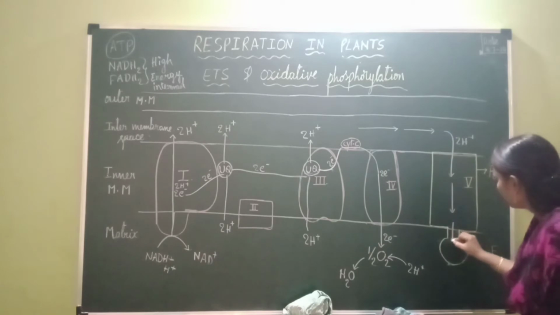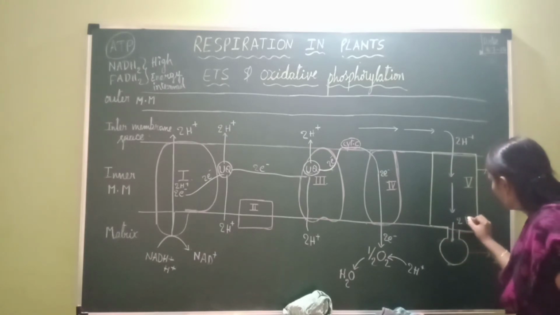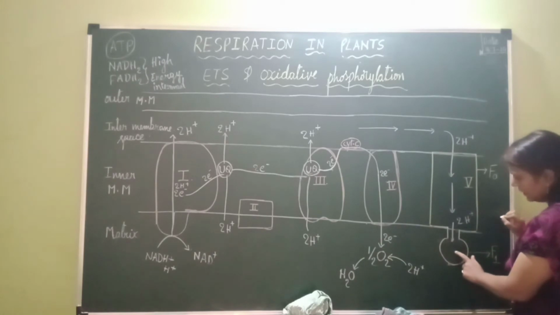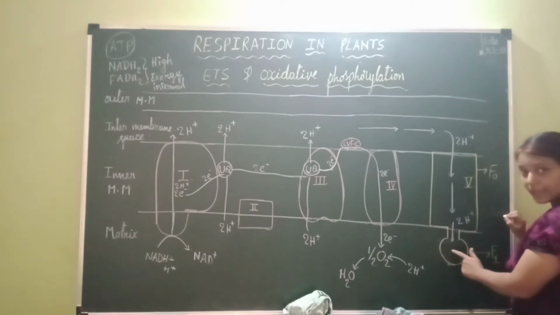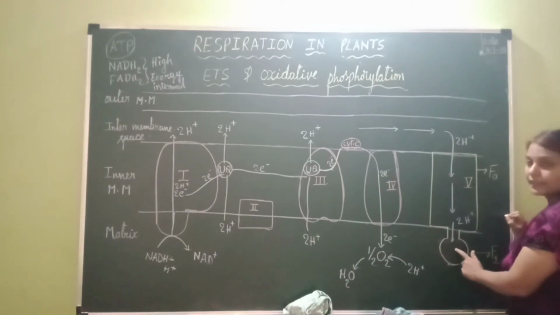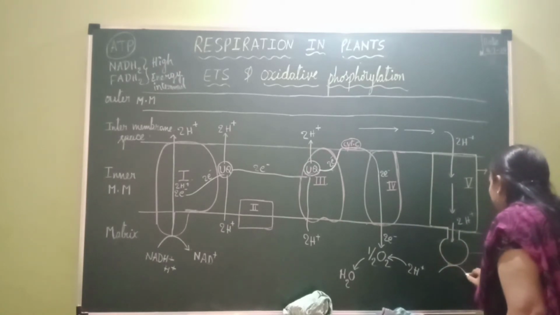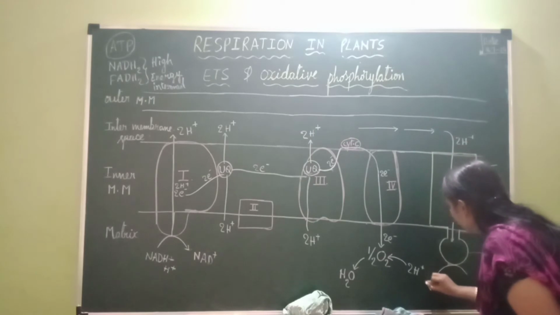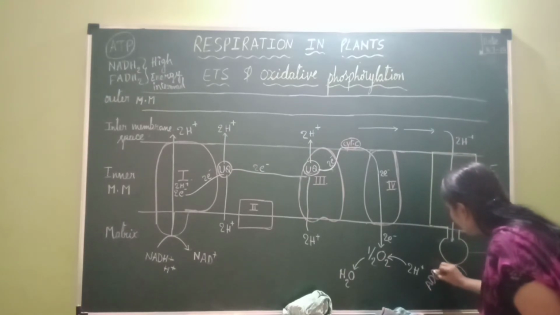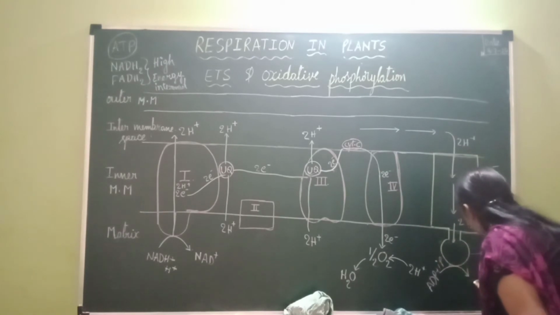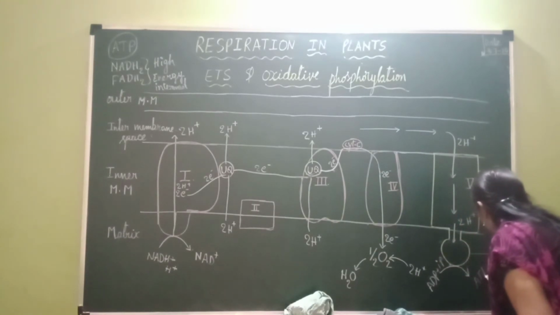When protons enter the F1 particle, the ATP catalytic activity of the ATP synthase present in the F1 particle gets activated, due to which ADP and inorganic phosphate together form 1 ATP.